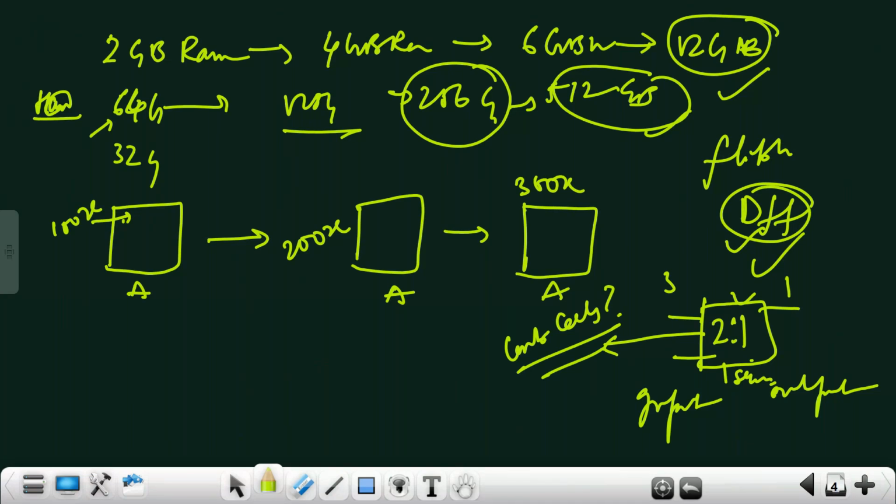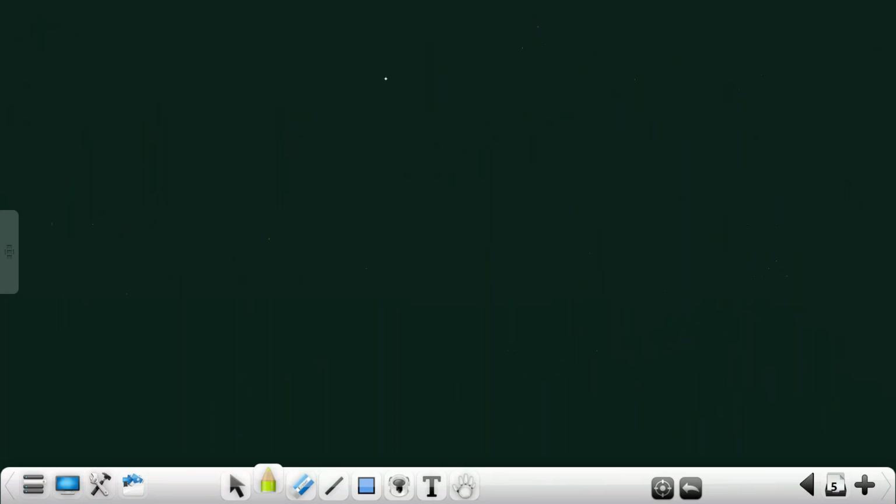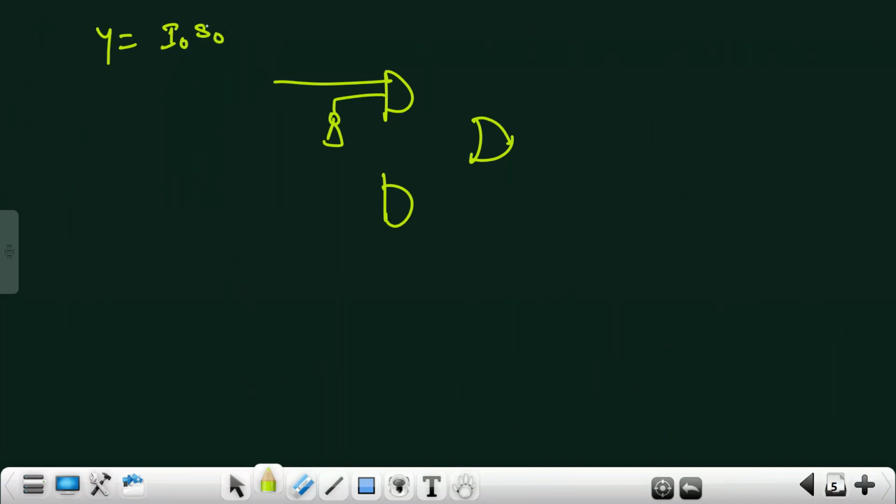Okay. Simple, right? You use two AND, one OR, and one NOT, because the output is I0 S0 bar plus I1 S0. This is the Boolean expression for a 2 is to 1 mux, and it is connected in this way.